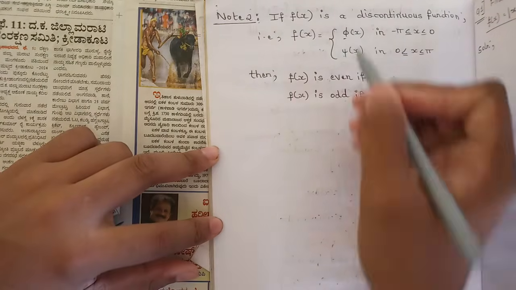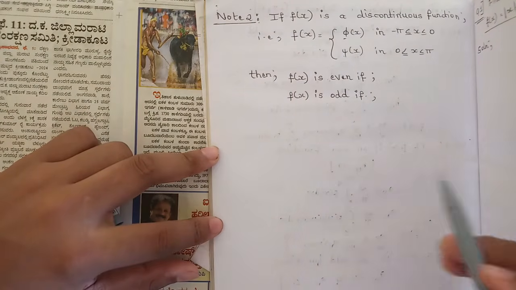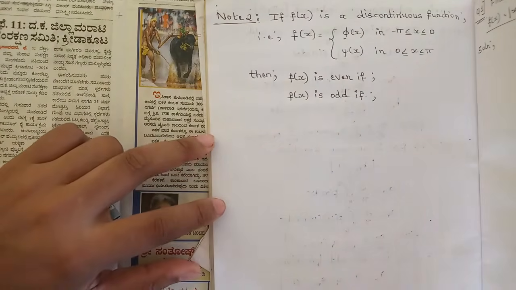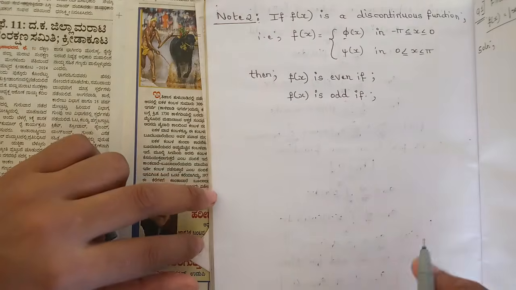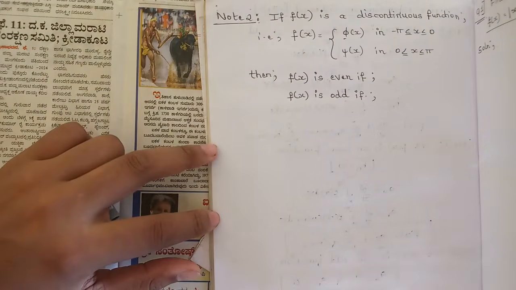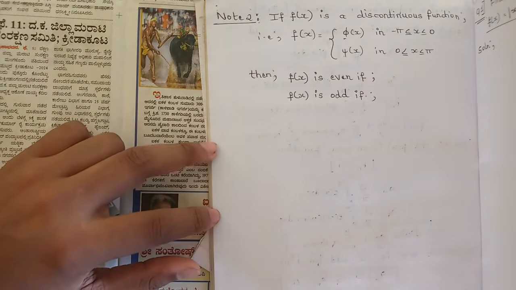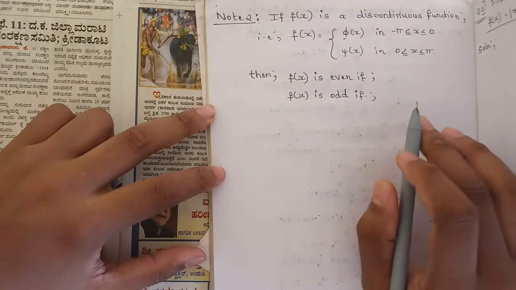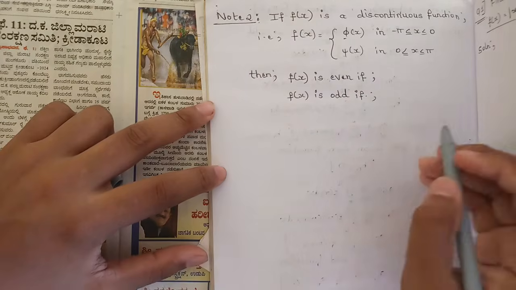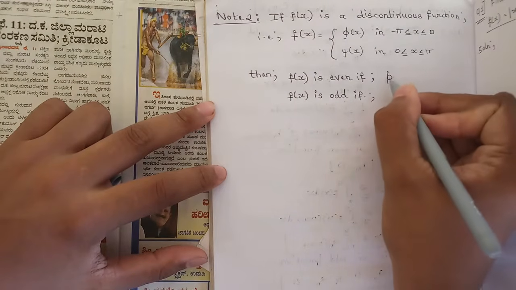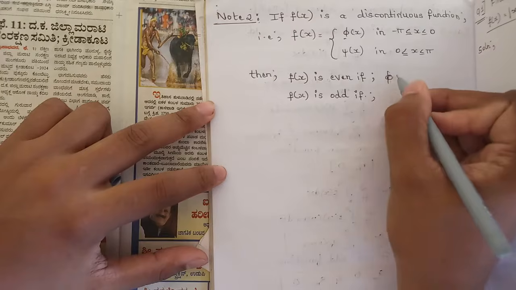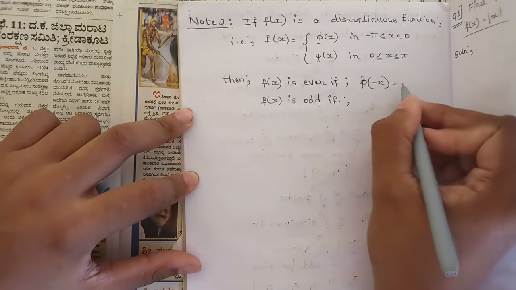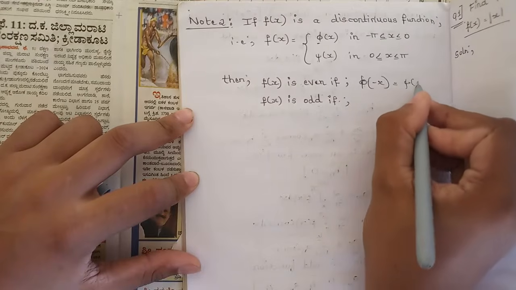So there are two f of x values, and we represent them as phi of x and xi of x. In this case, for even and odd functions, there are some rules that need to be followed. Let's see that. If f of x is an even function, then we write it as phi of minus x is equal to xi of x.